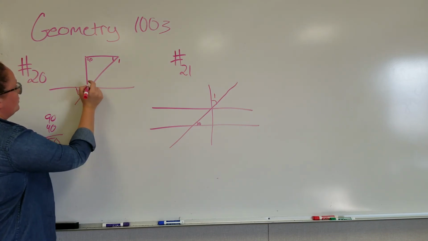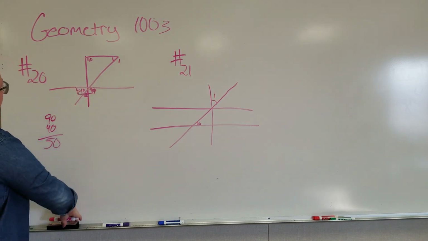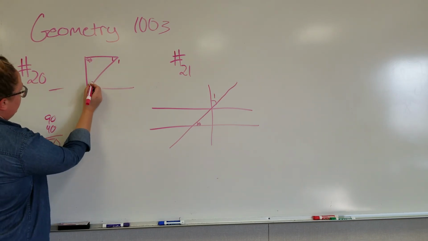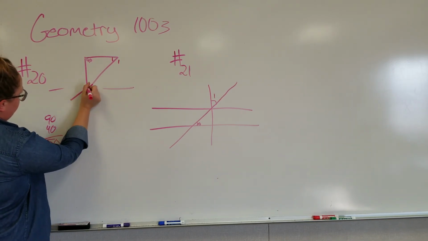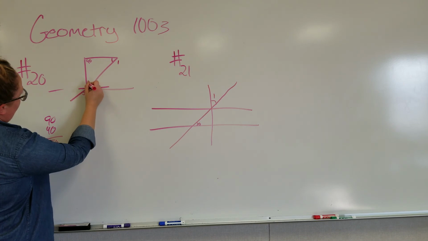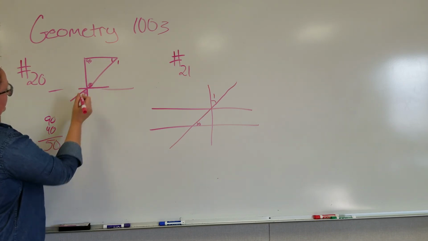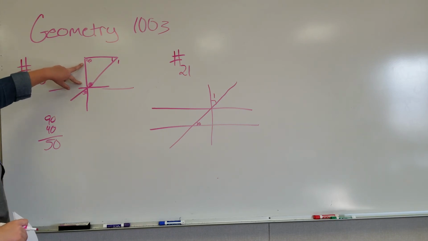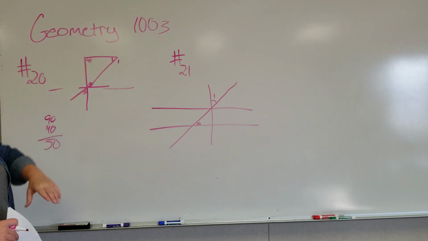And it is a vertical angle with this angle right here. I didn't draw it very well, but it should look like this. Okay, this angle equals 50, and they're vertical angles. So this one also equals 50. Now you know two angles of your triangle, and the last one has to equal what?